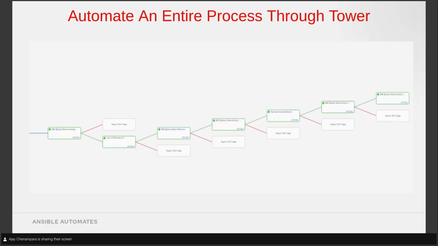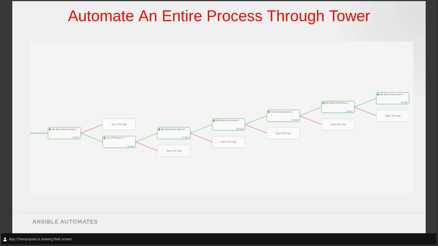Now, what you've seen so far really are snippets of playbooks and snippets of code that are being executed individually, so to speak. What Ansible Tower can do is bring this all together in an orchestrated workflow where you can have pass and fail criteria. You can test the pass and fail criteria of each of these playbooks and make further actions or further decisions based on that particular reaction.